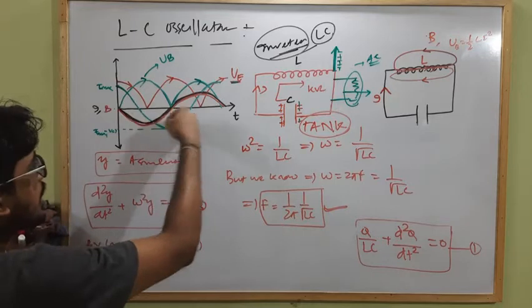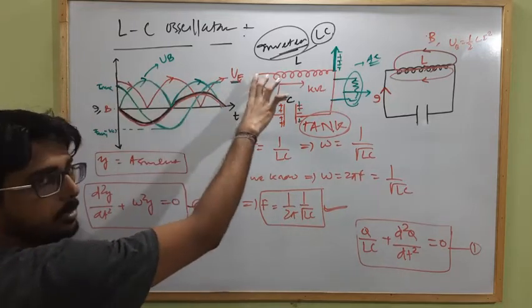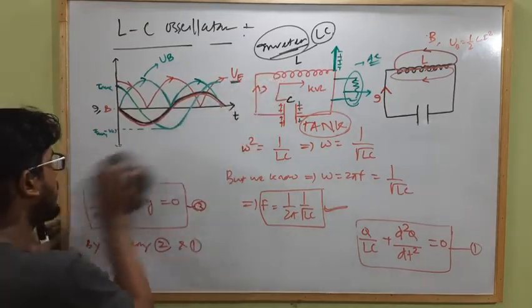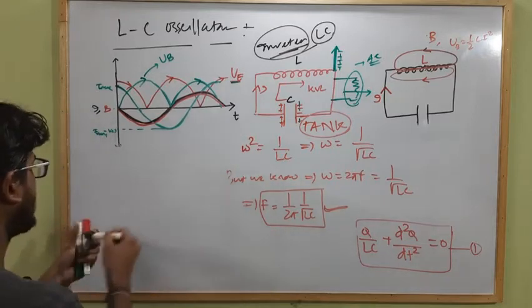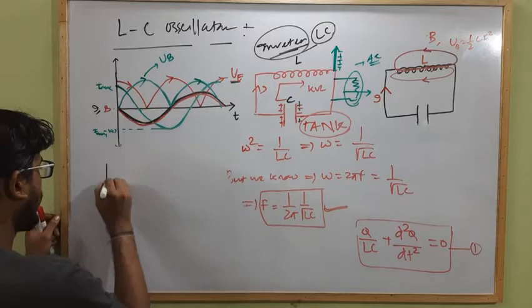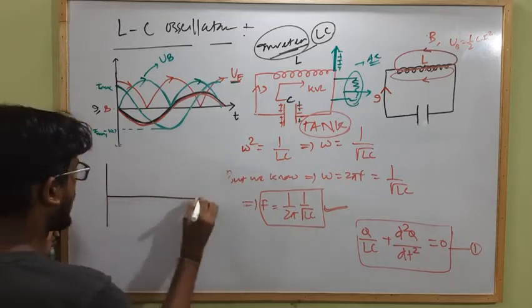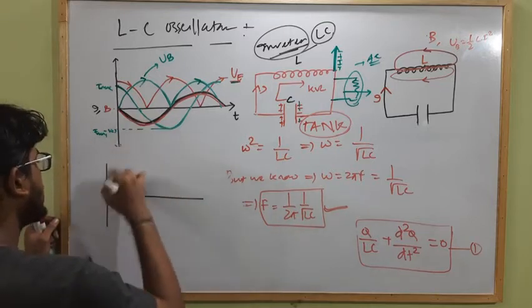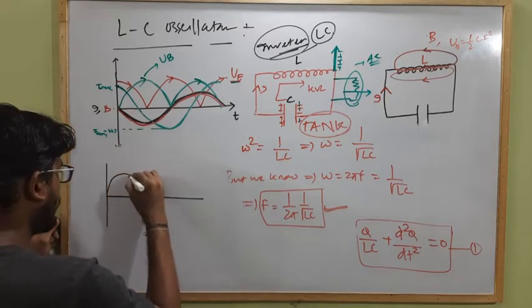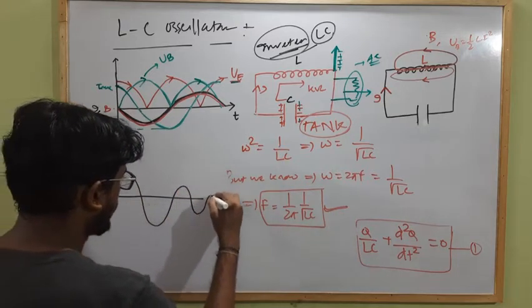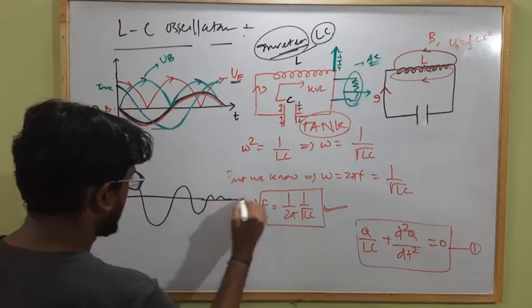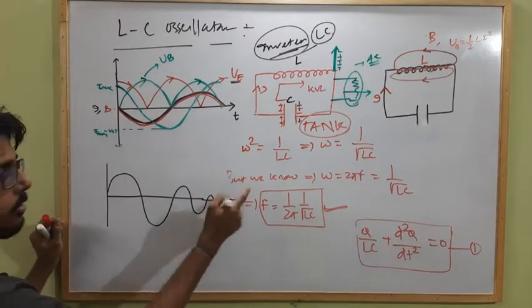So this graph is not actually like this forever. The graph will look somewhat like this, as these are all damping oscillations. Initially the amplitude will be maximum, then gradually the amplitude will go on decreasing like this, and at some time it will become 0.